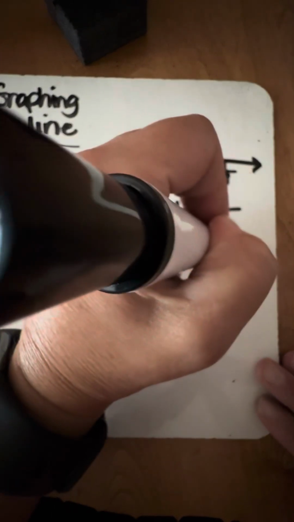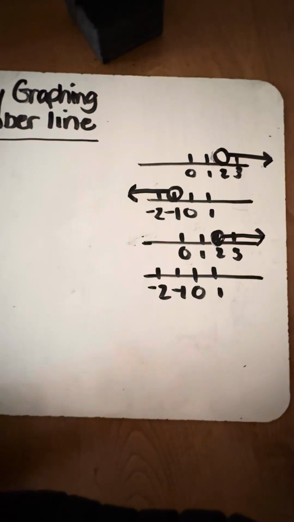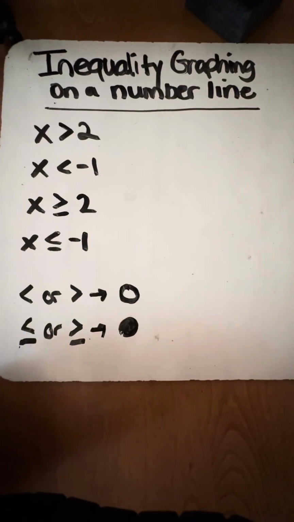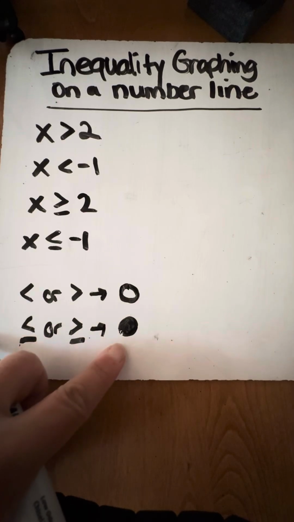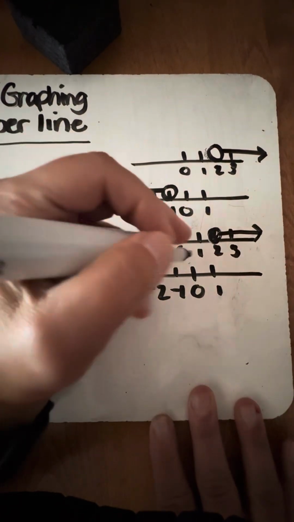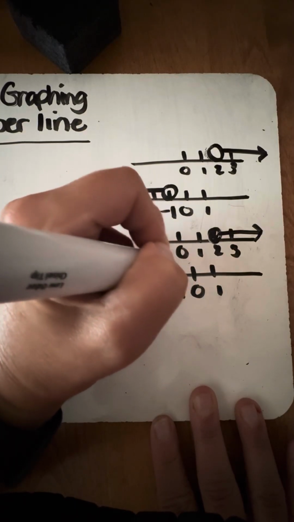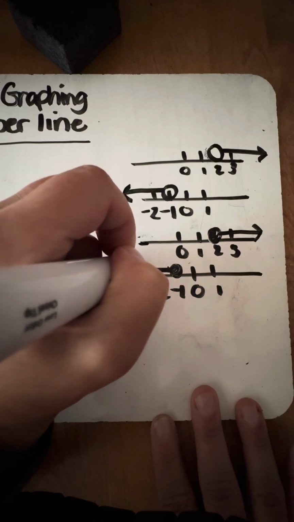So again, it's going to be pointing in this direction because any number that's greater than 2 is going to be this way. And then that last one, the same thing. So x is less than or equal to -1. So it is going to be a closed circle again at -1. And then that's going to be the same type of thing. So that when you are looking at it, numbers less than -1 would be more negative numbers.